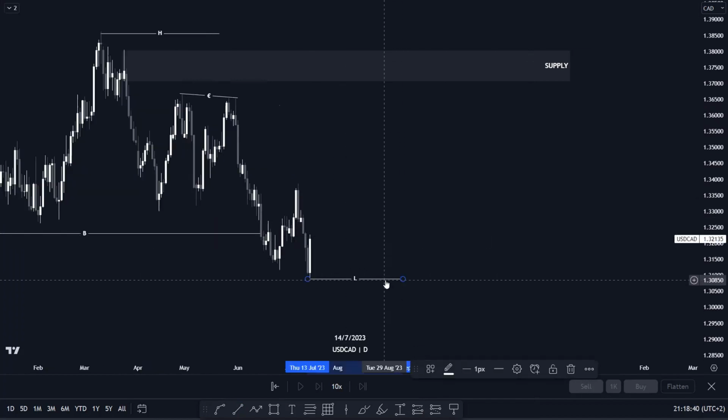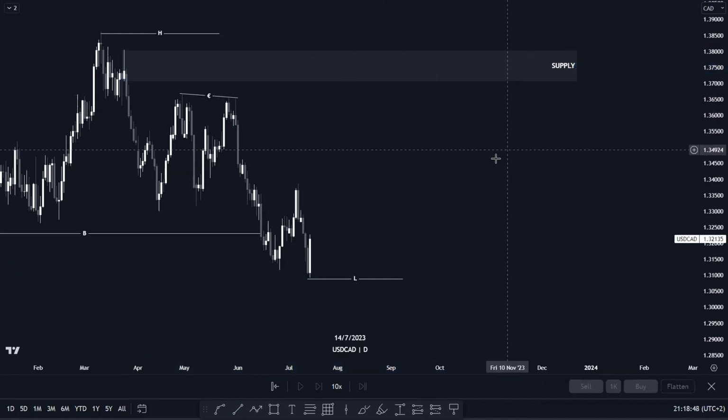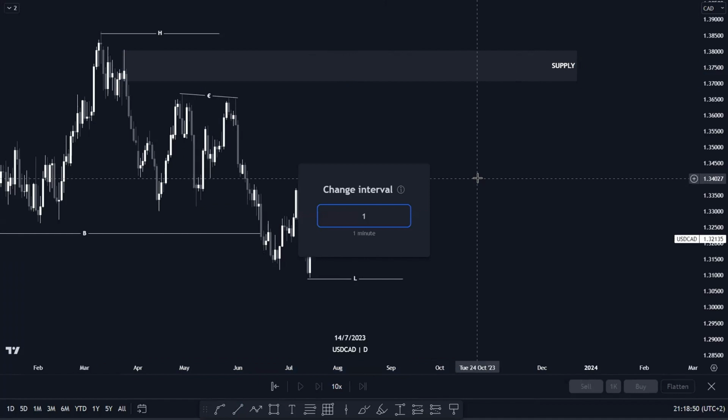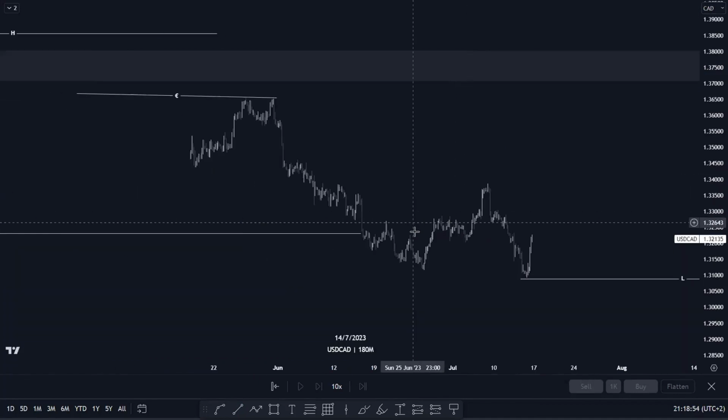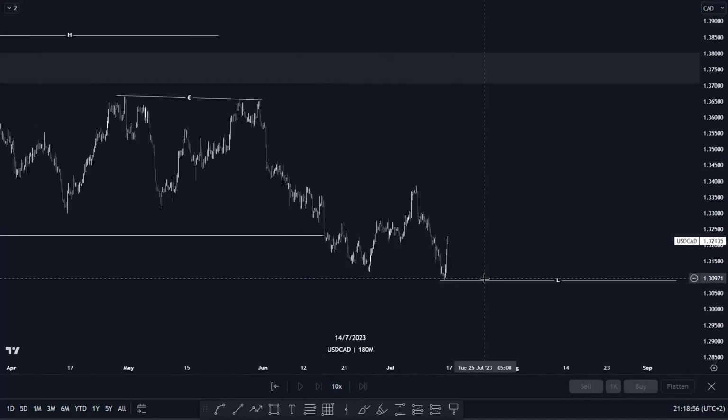Okay, so what are we going to do to look for our buying entries from here to our supply area? Okay, so now we scale down to our lower time frame. Let's go to our 3-hour chart. Okay, as you can see now, let me just remove this.